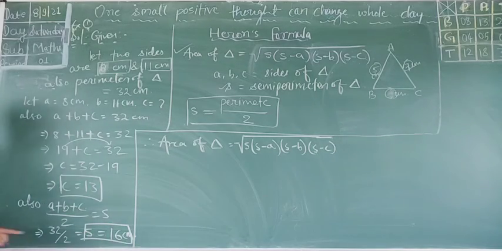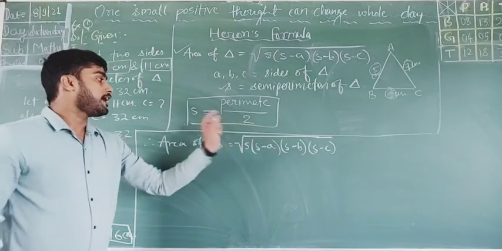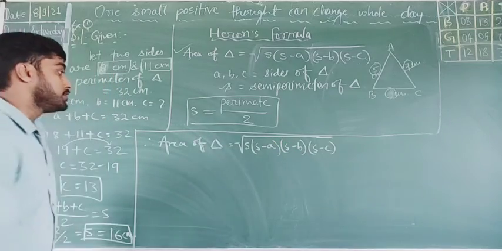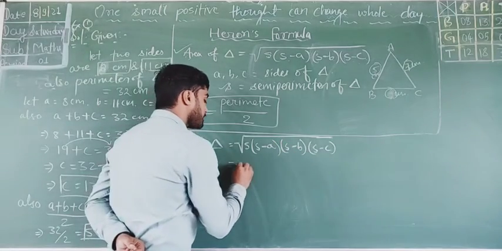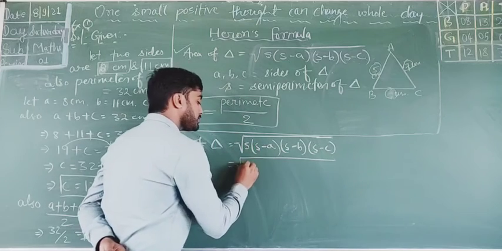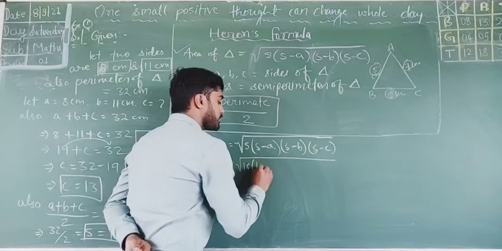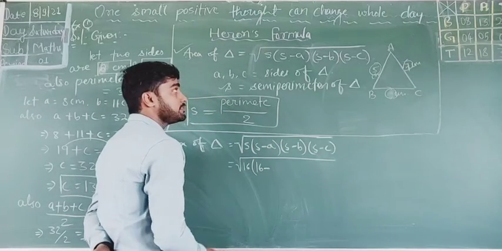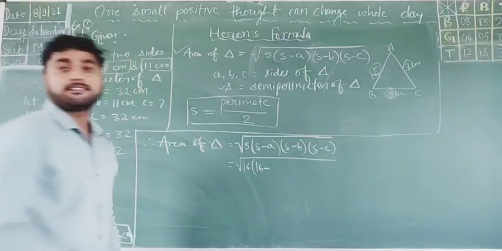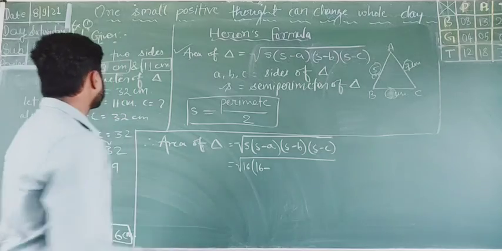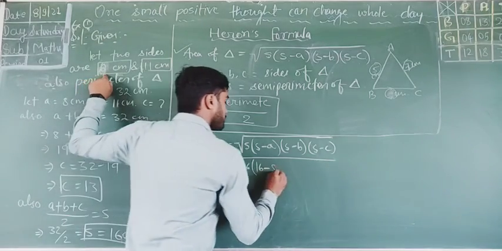So now put the value of s there and a, b, c there. So I am writing here under root, the value of s is 16 and here 16 minus a, that means the value of a is 8 centimeter.